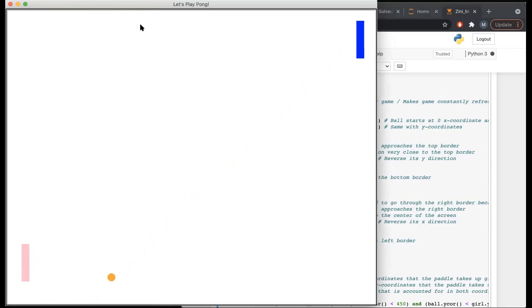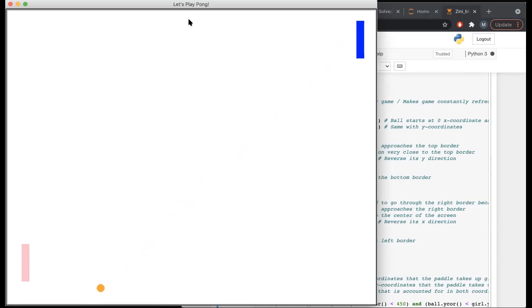So up here, the max y coordinate is 400, right? But I gave 10 units of space because the pixel itself is 10 units and I didn't want half the ball to be out of the screen. So I let the border be at 390.